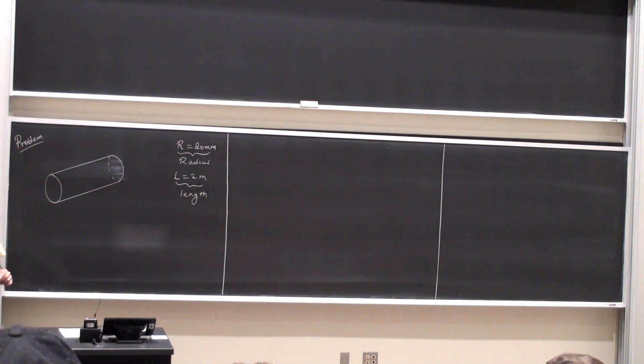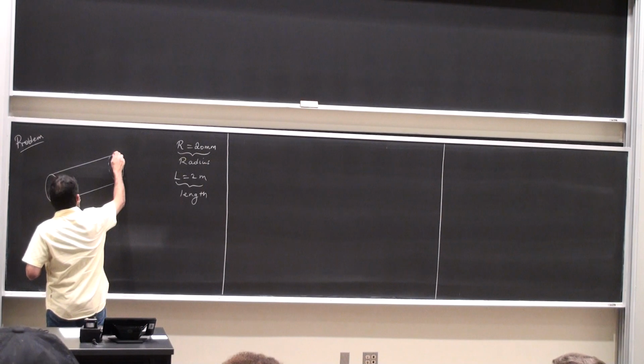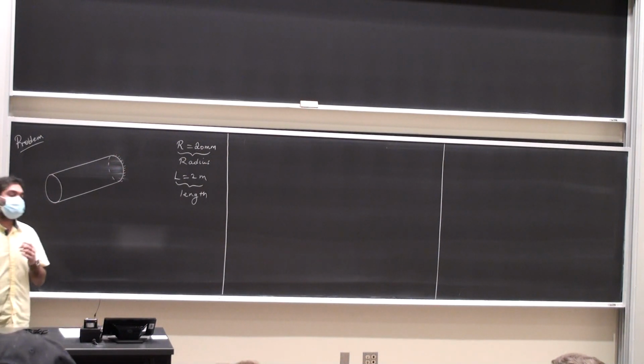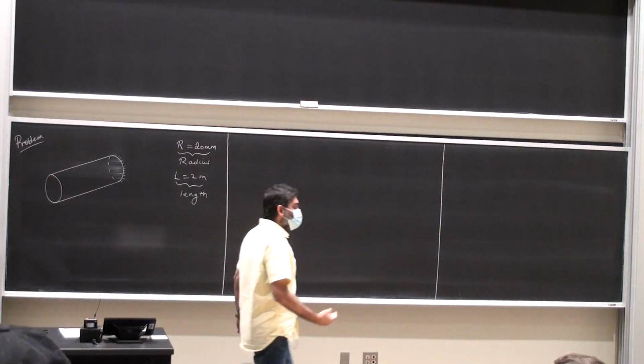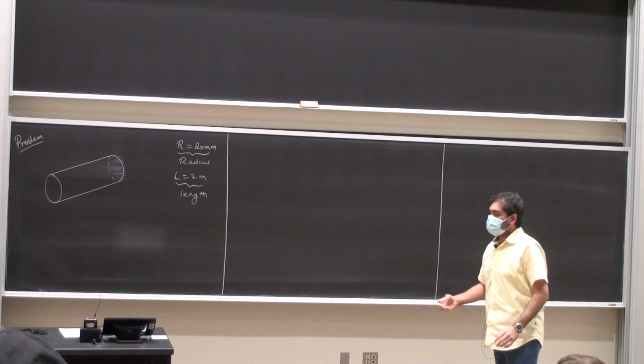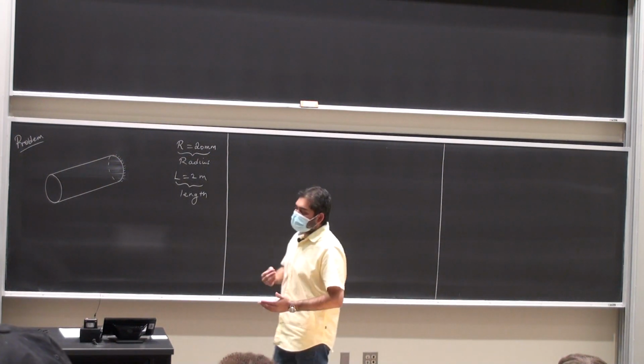The back end of the shaft is fixed to the wall. Okay, and then there are forces which are acting on the front end of the shaft, the free end of the shaft.